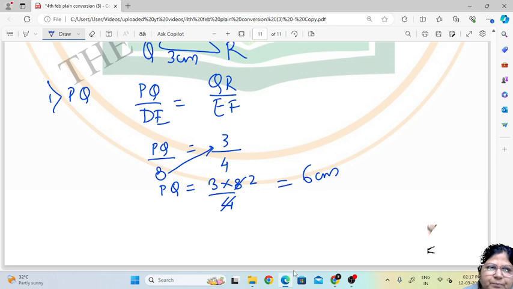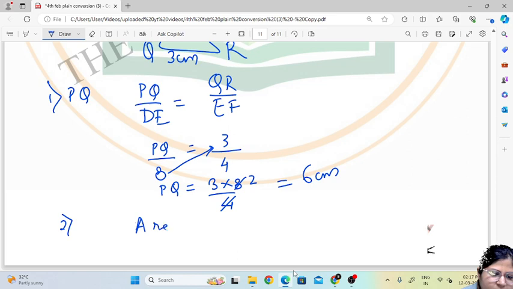Next now, for the second question, the area of DEF. Now what happens is, if you have been given any two corresponding sides, like QR upon EF, let us wait, I will just write it properly.